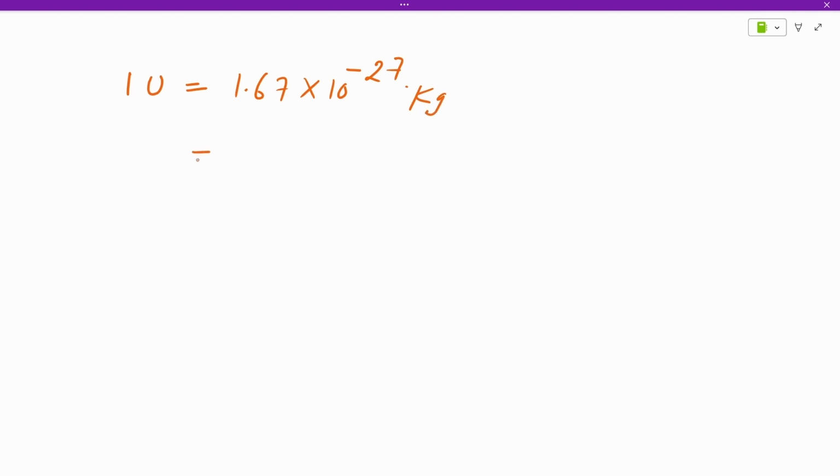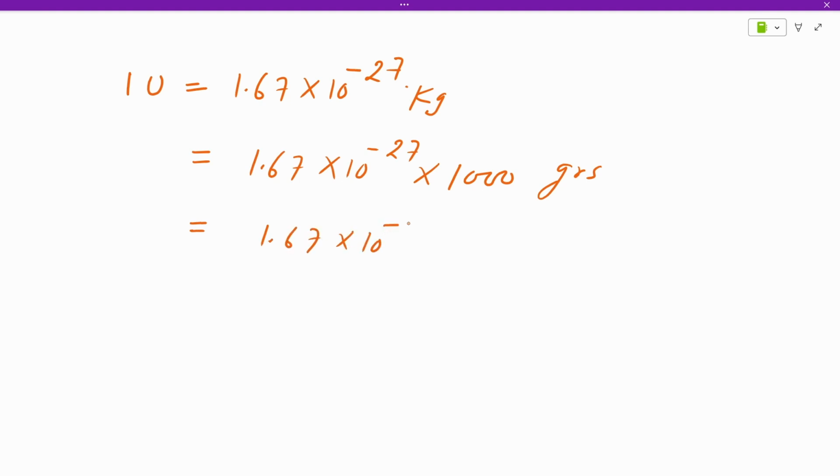When we want to convert it into grams, we multiply by 1000. So the value of 1 U in grams is 1.67 into 10 raised to power minus 24 grams.